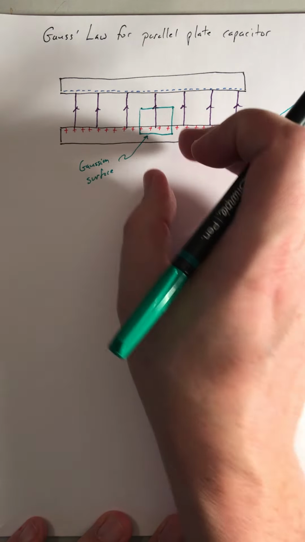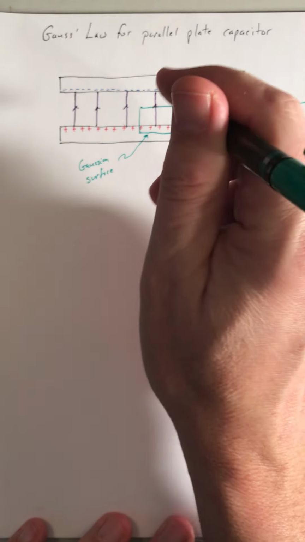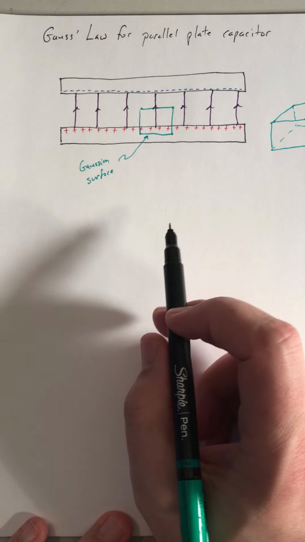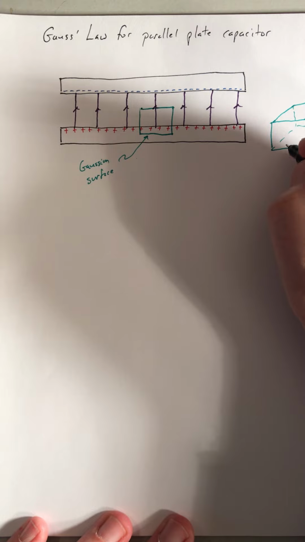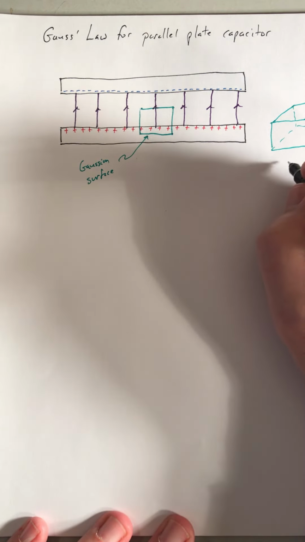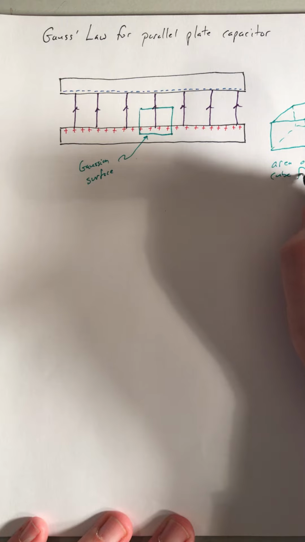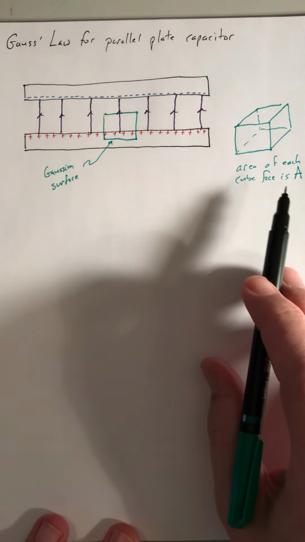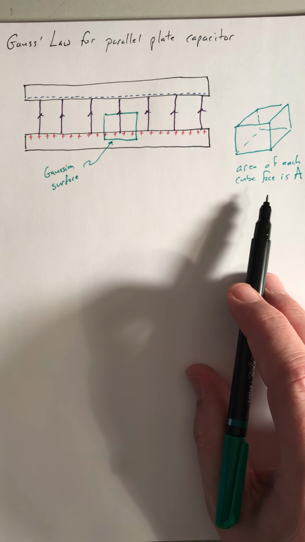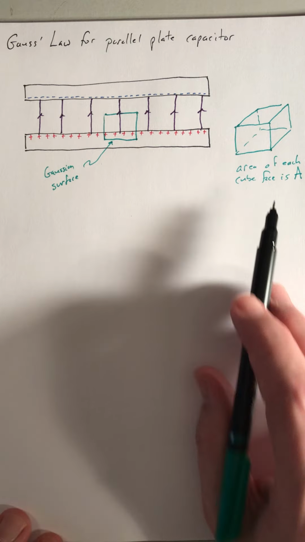So that cube is basically embedded in here, and we're looking at it from the top down. So the area of each side of the cube is the same. Each face of the cube is a surface area A.